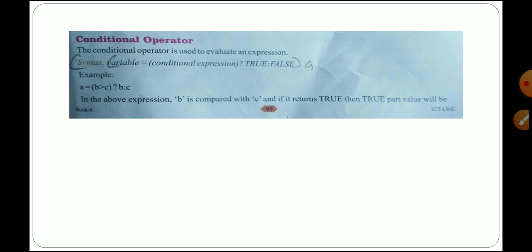The condition is B greater than C. If that condition is true, the result will be B. If the condition is false, the result will be C. This is how we execute that expression. This is the conditional operator, and its symbol is question mark colon. In that statement we use both symbols, question mark and colon.